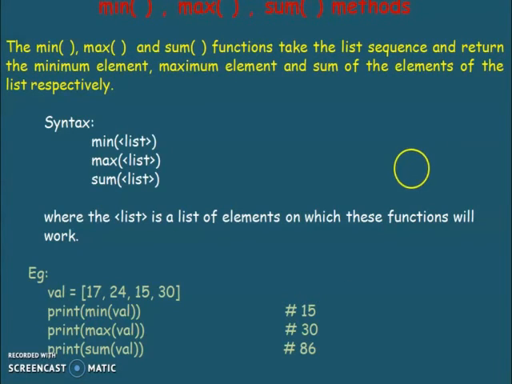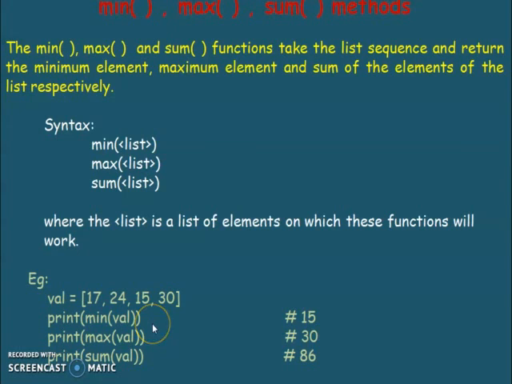So next one, min, max and sum methods. Okay, the min method is used to find the minimum value. The max method is used to find the maximum value, and the sum function is used to find the sum of the elements in the list. See the example, val is equal to 17, 30, 15 and 13. Then print min of val means the minimum value from the list will print.